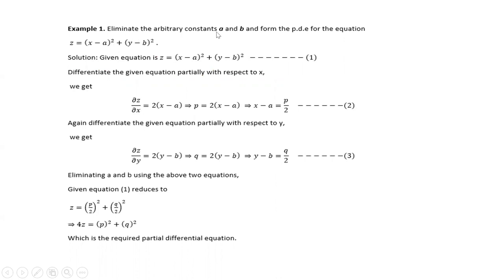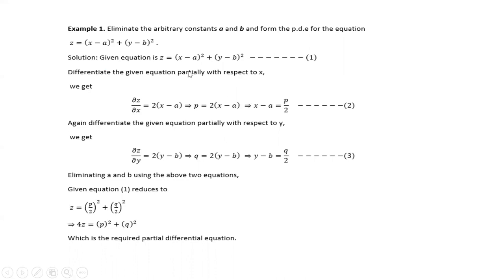Eliminate the arbitrary constants a and b and form the PDE for the given equation. So we have the given equation. We name it as equation 1. Step 1, we differentiate the given equation partially with respect to x. So when we differentiate z, we get ∂z/∂x equal to, we are differentiating partially with respect to x, so remember, y is treated as a constant.